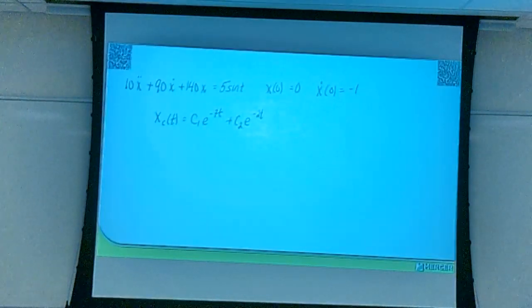So your G would be 1/2 sine t, not 5 sine t. Your y1 and y2 should still be the same. Right? Dividing through by 10 doesn't change your complementary. I'm going to use undetermined coefficients because it's easier to do by hand.